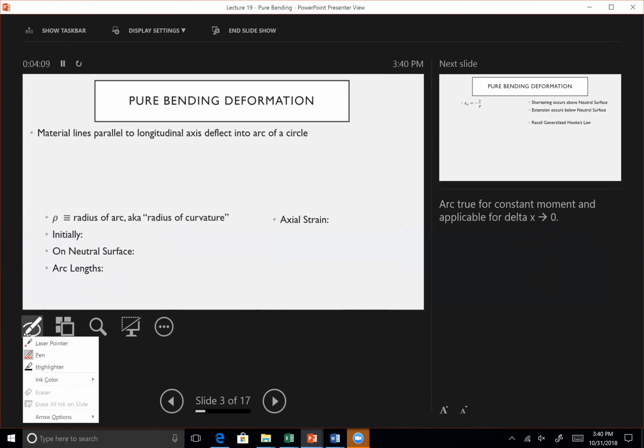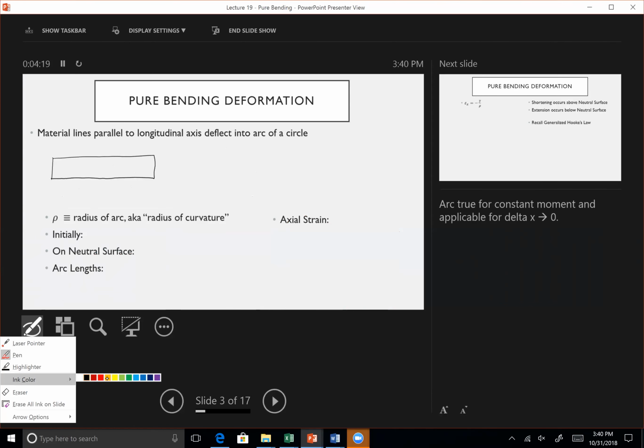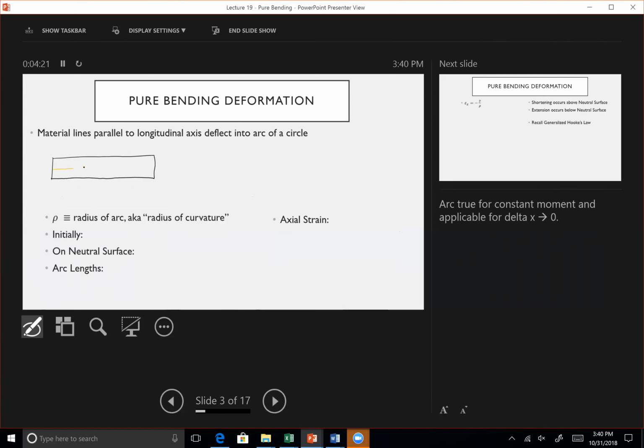So what that means is if we have this member and we have, say, the neutral surface, we'll call that neutral surface AB. And then let's say we have another line, CD, that is located some arbitrary distance y away from the neutral surface.